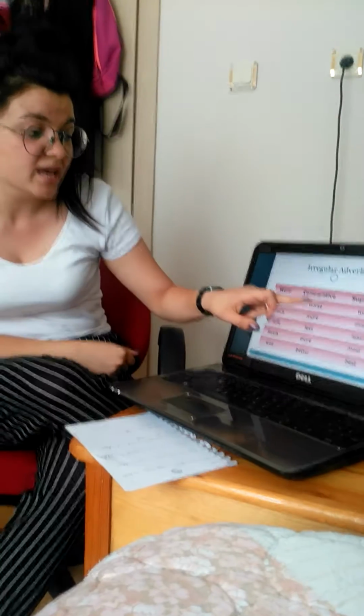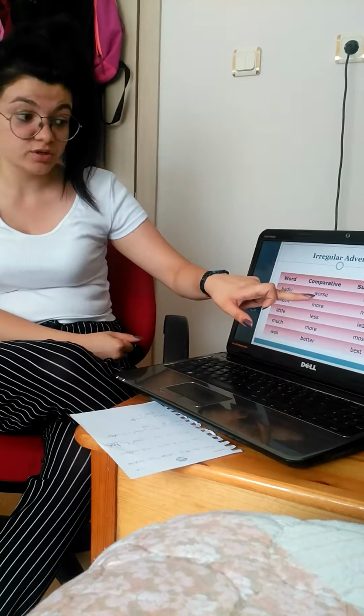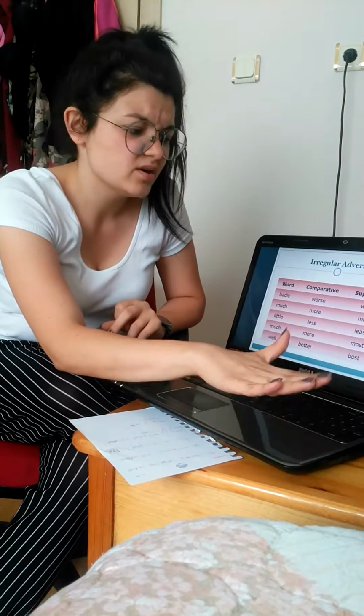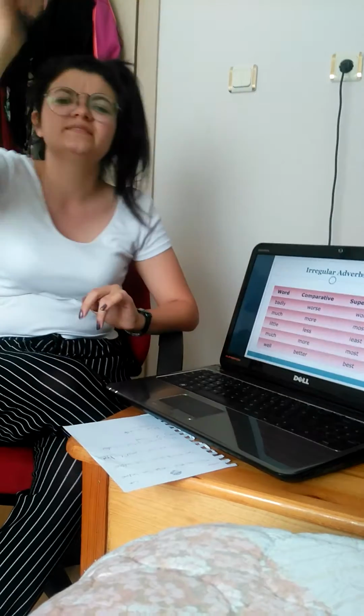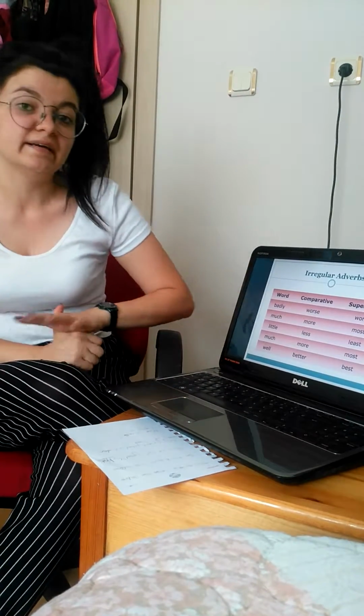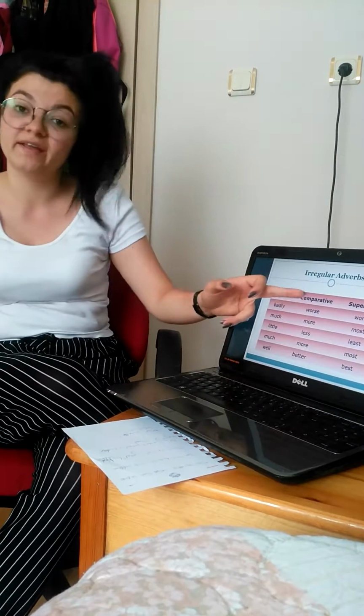We have to use the comparative form worse. Your dress is worse than the old one. We have to say worse, not better. Better means better. It's the good comparative form.